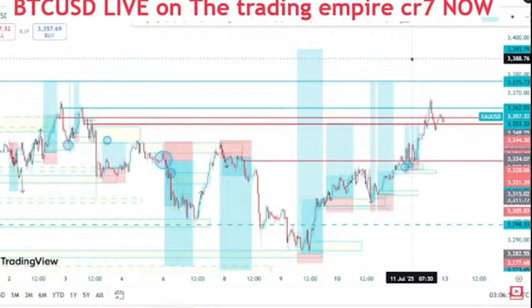So you have to make sure that you are ready to be with us on the Trading Focus next week on the live chat, and even from the other side, the Trading Empire CR7 will be on even now on the BTC. Remember, in the weekend we focus on BTC, that is Bitcoin. So you have to go there and check. Then next week we have GBP JPY from the Trading Empire CR7, and we are going to be focusing on gold next week from this channel, the Trading Focus.